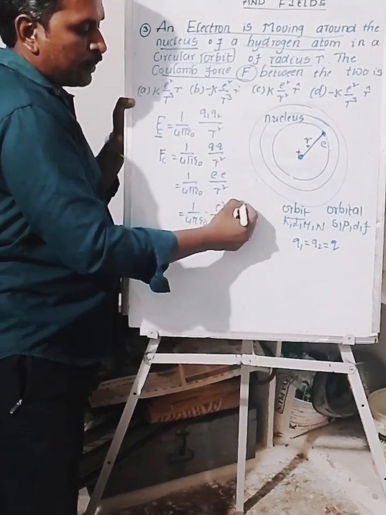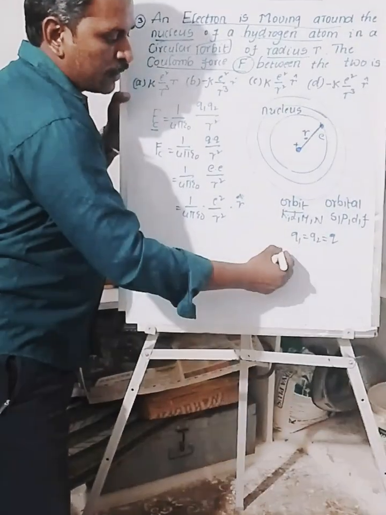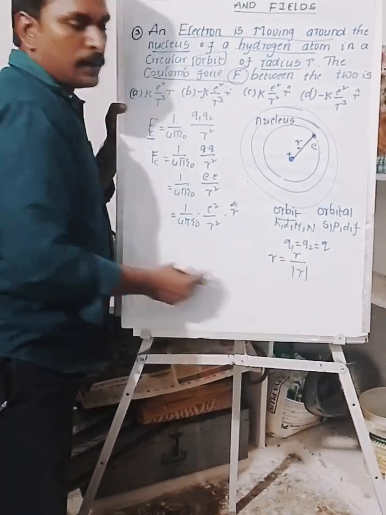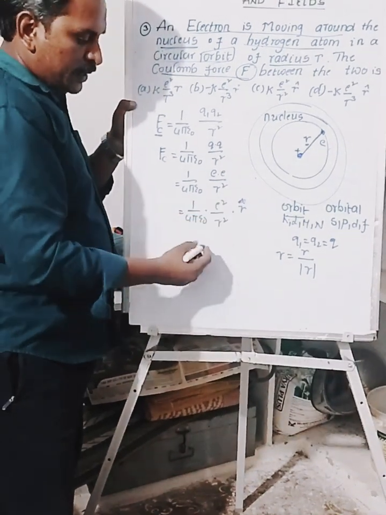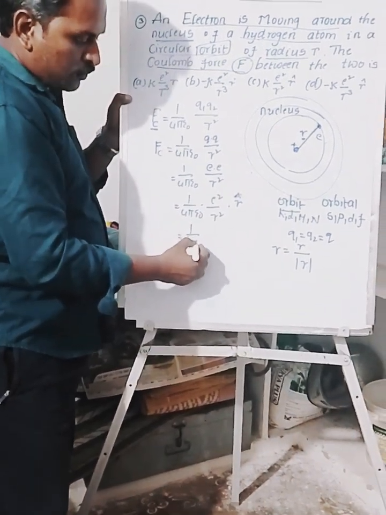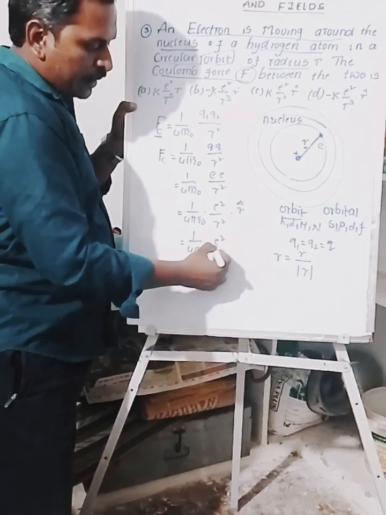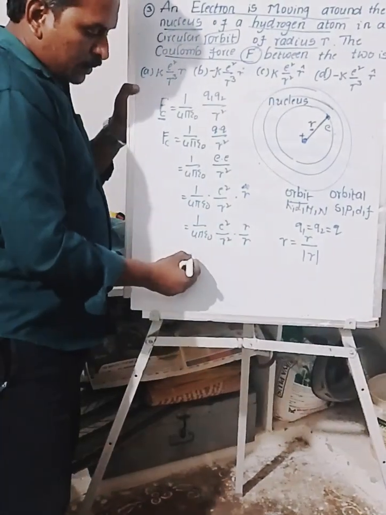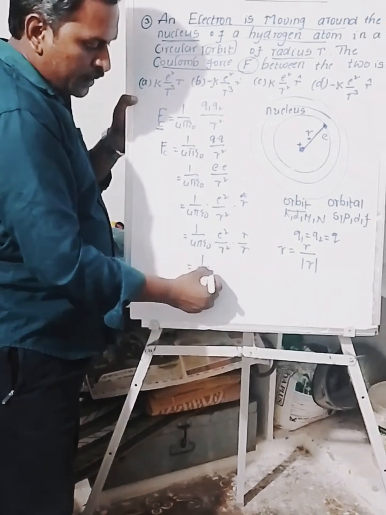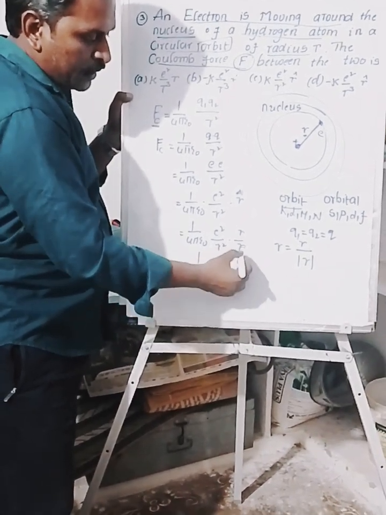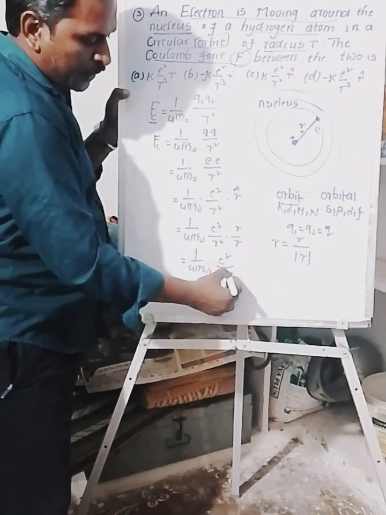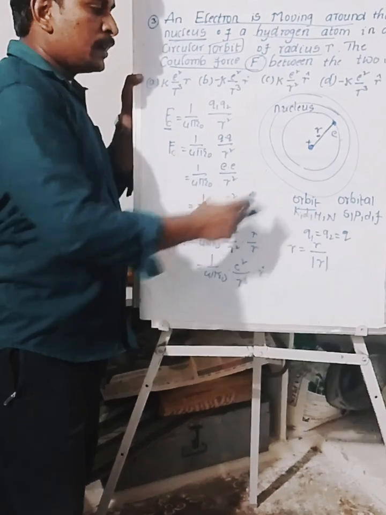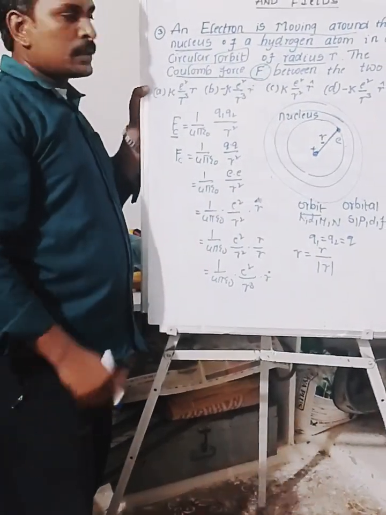The unit vector r cap is r vector divided by its modulus. So we write 1 by 4 pi epsilon naught, e square by r square, into r vector by r, which gives r cube. Here r represents the distance between the proton and the electron.